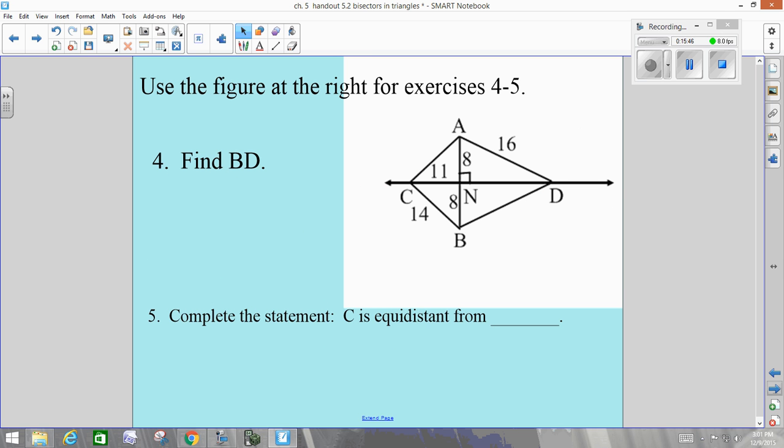4 and 5 use this figure. You have to find the length of BD. Anybody got it? Why? CD is the bisector of angle ADB. This angle is getting cut in half. How do you know that?